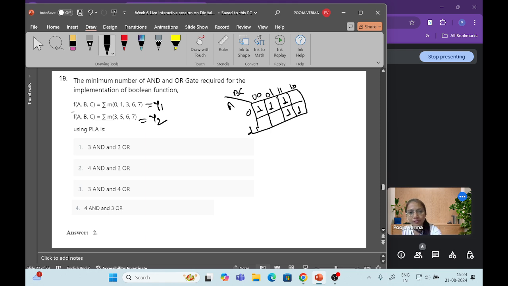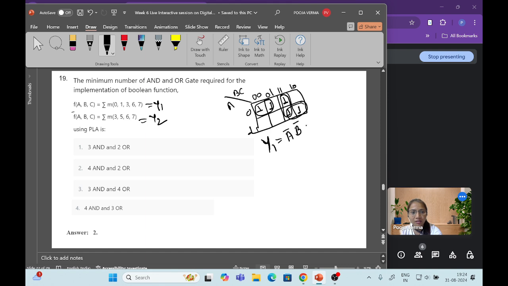Okay, so let's group it. That can be multiple ways also if we make groups this way, so you can take any of it. The final number of AND and OR gates will be the same only. So what will be the Boolean function for y1? It is A dash B dash, and what will be the common?